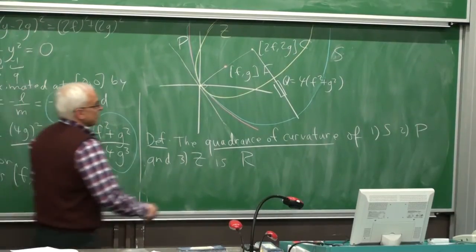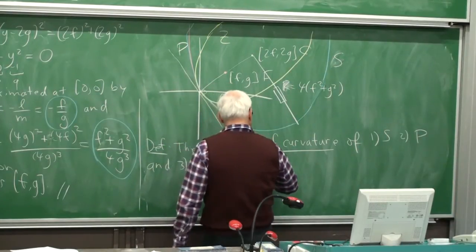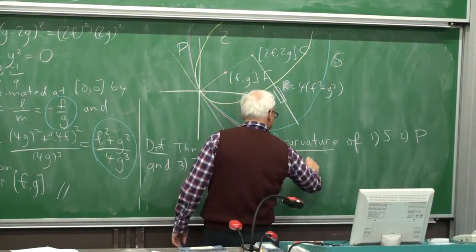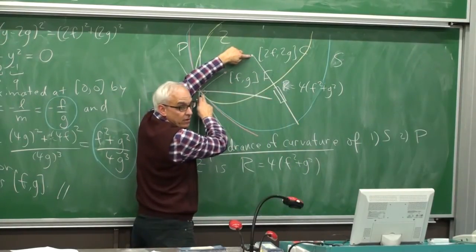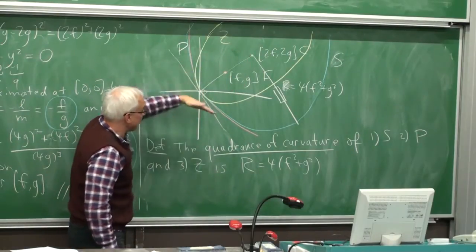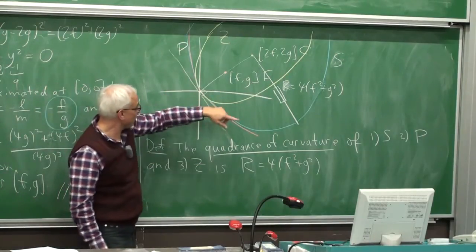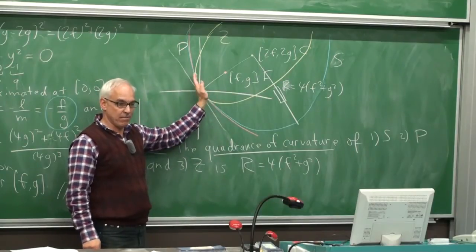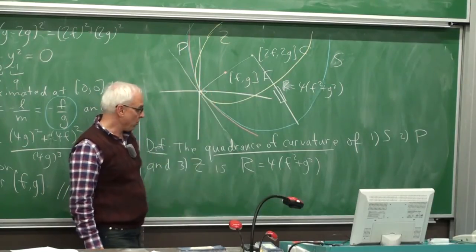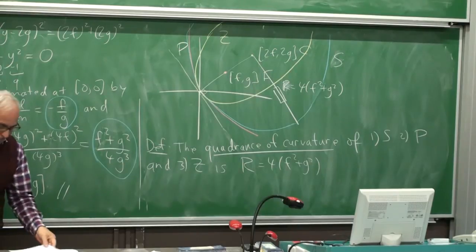So R is 4 times f squared plus g squared. That's obviously this quadrance here, because that's the quadrance between this point and the origin. Since these all touch, we're going to assign that same number to not just the circle, but also to the normal parabola and to the general conic that matches up with them. We're going to give them all this quadrance of curvature R, which is 4 times f squared plus g squared.